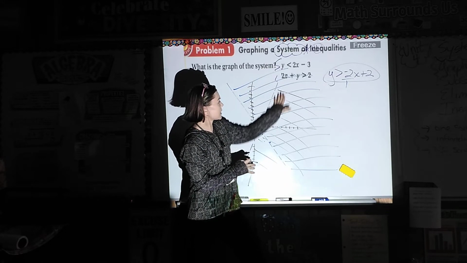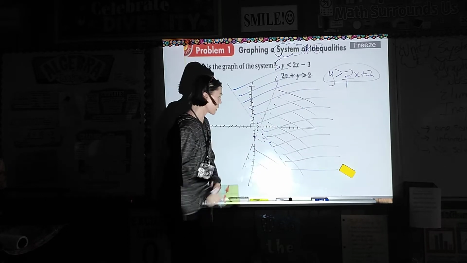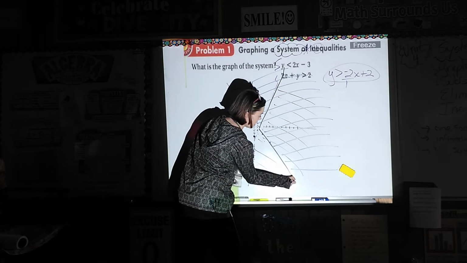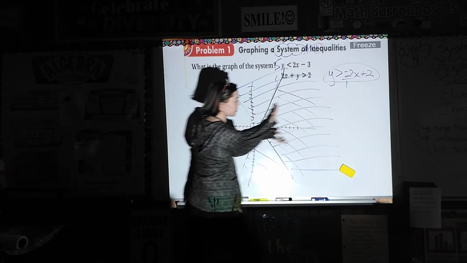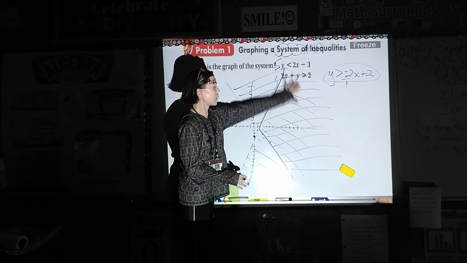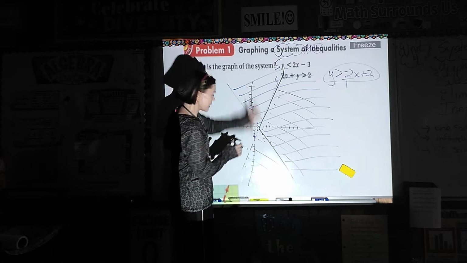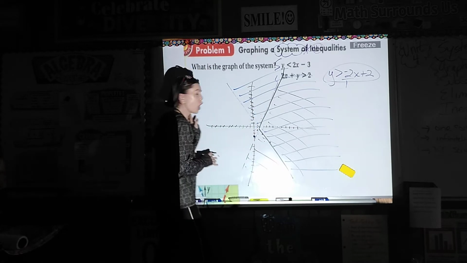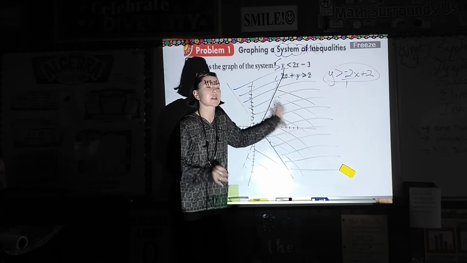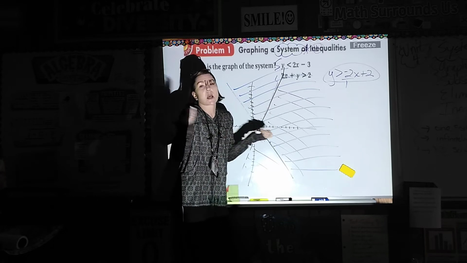Do you see where the boxes are? From here and from here that way, you can see that the blue and the purple overlap each other. That is the solution, not this, not any of this, but only where the shaded regions overlap each other. Yes, that's how easy it is.